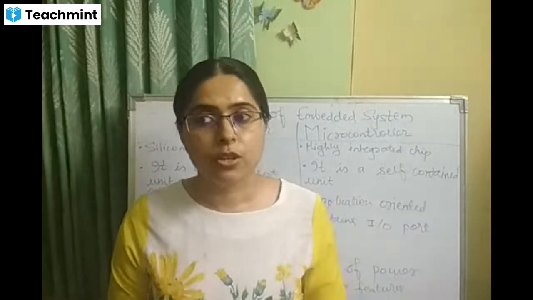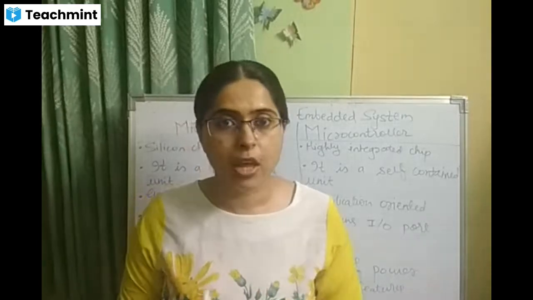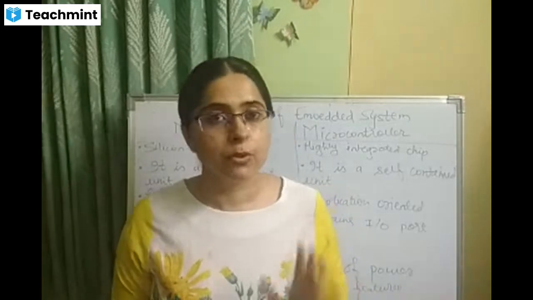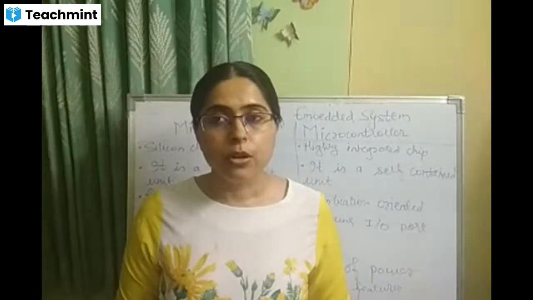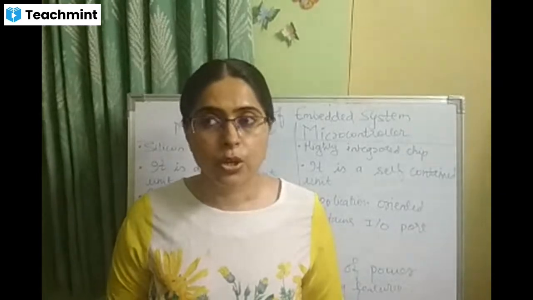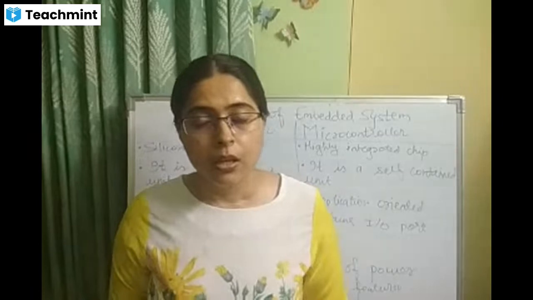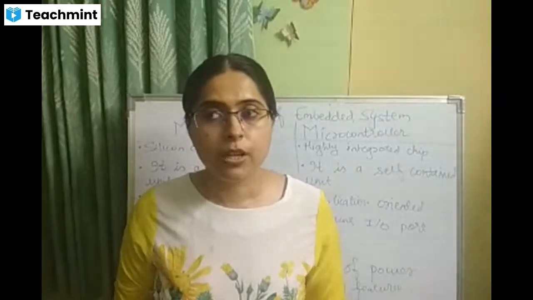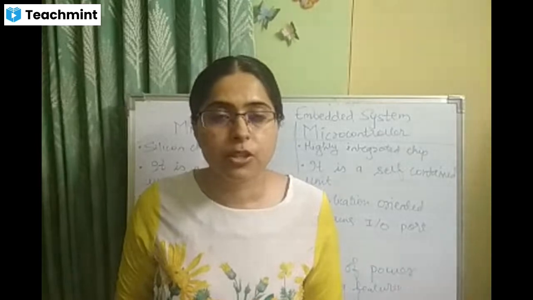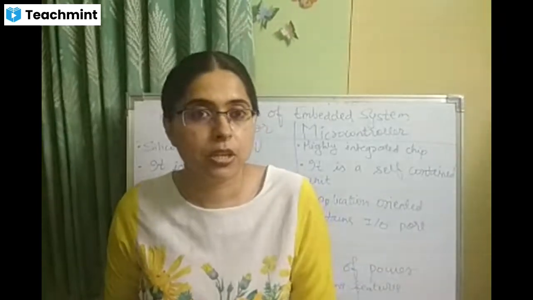Now, what does the CPU do? The CPU fetches the instructions and processes the instructions which are there in the program. This is the job of the CPU. It consists of the arithmetic logic unit, control unit, and registers. The arithmetic logic unit is used to perform arithmetic operations like addition, subtraction, multiplication and division.